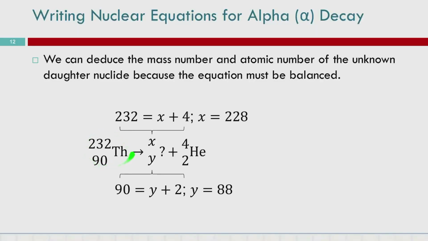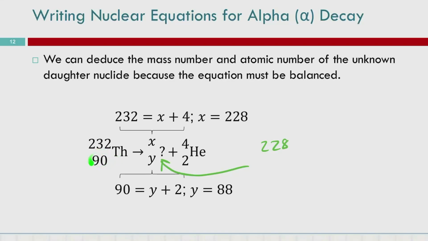So for example, starting with thorium-232, we know that we're undergoing alpha decay. And so we can make this equation, 232 equals x plus 4. We solve for x, it's 228. So then in place of x over y question mark, it would be 228.